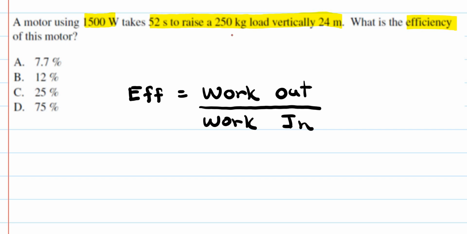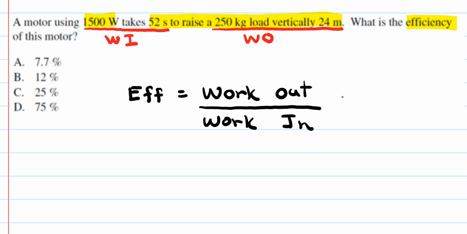For this very first problem, this motor is raising this 250 kilogram load vertically 24 meters. So that is the work out. We're raising it 24 meters. And it takes 52 seconds and 1,500 watts to do this, so this is the work in.